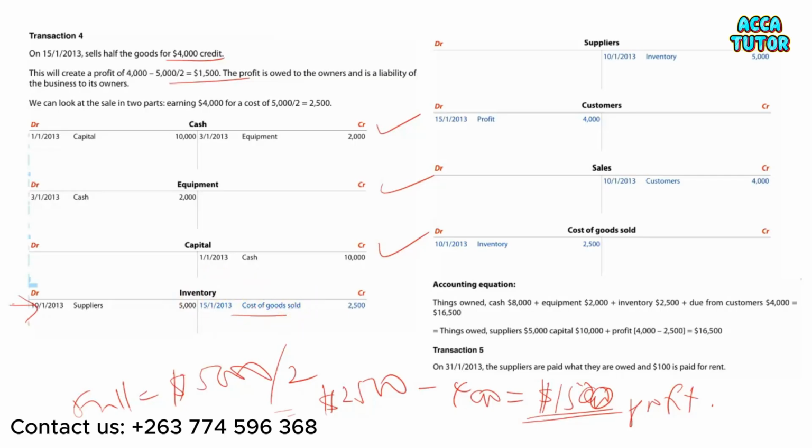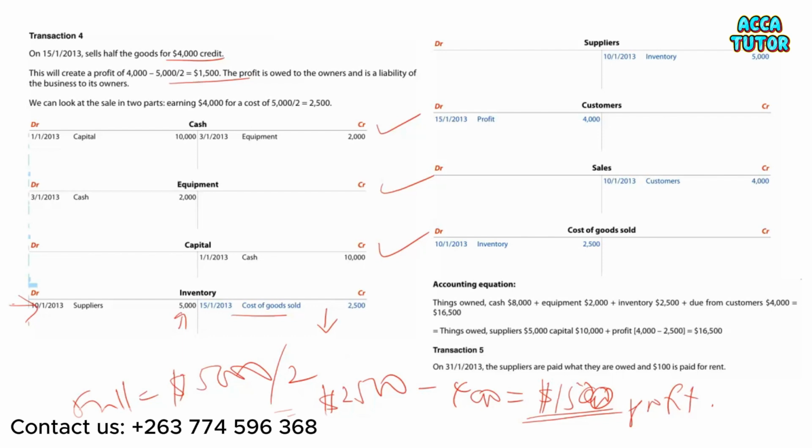Remember, some of the items have been sold, half of them, which were worth 2,500. This was the cost of the goods. Remember, this was the full cost of 5,000, but half of that cost has left the business. So 2,500 is leaving. This is why we are crediting the inventory account.